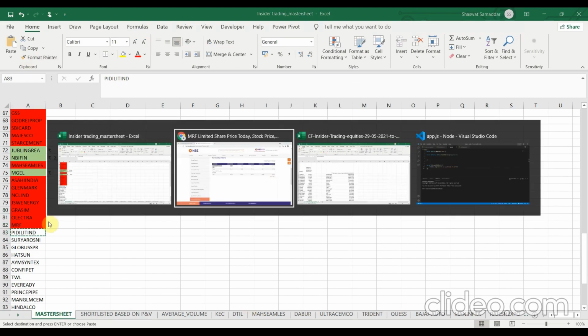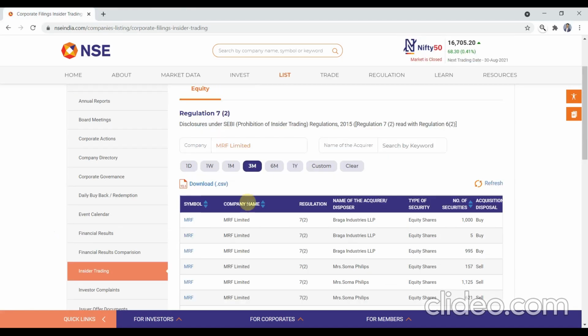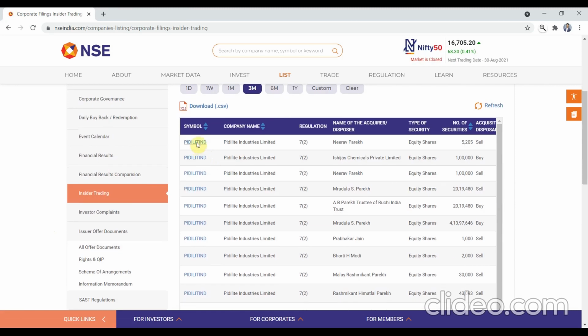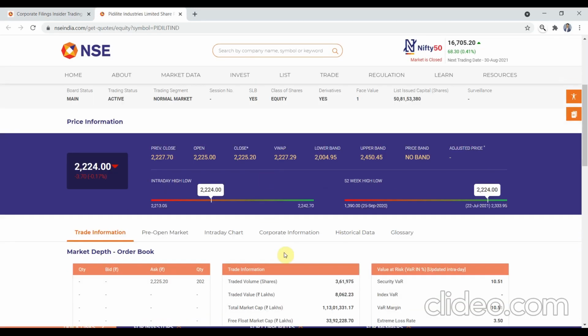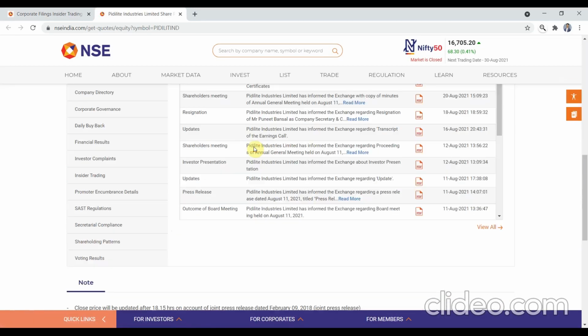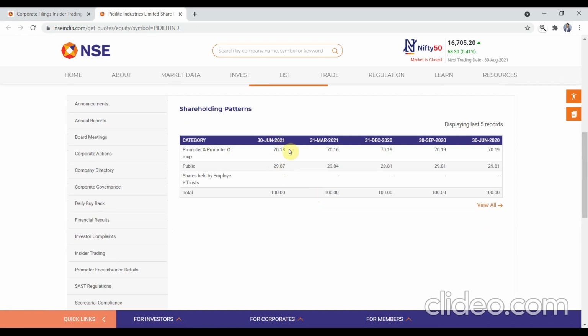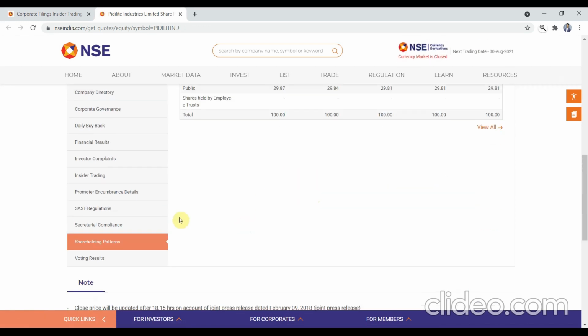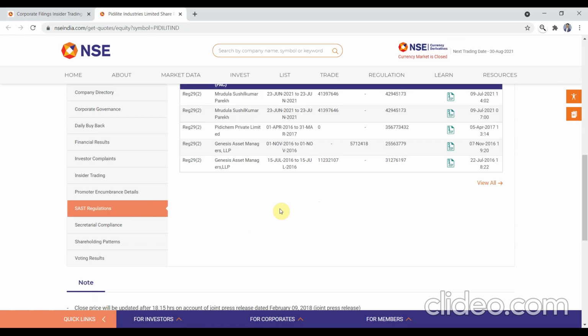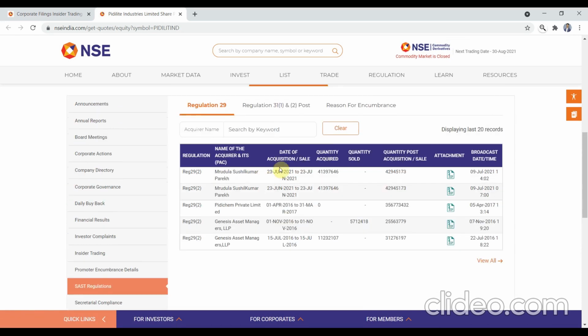Moving to Pidilite. Click on the symbol of Pidilite. Go to corporate information. Let's check the shareholding. Shareholding is greater than 50%. Let's check the SAST regulation. Again, you can check these filters in any order. The order does not matter.